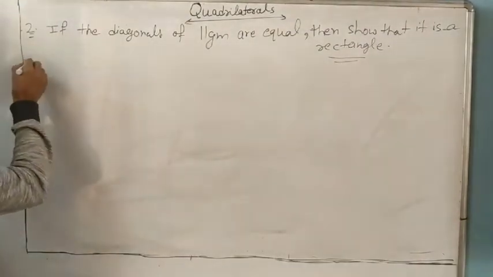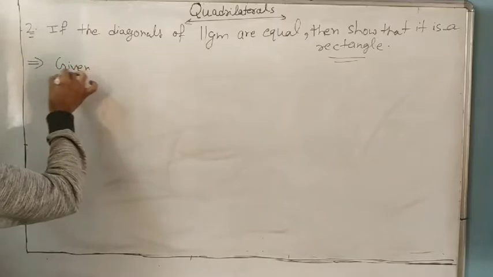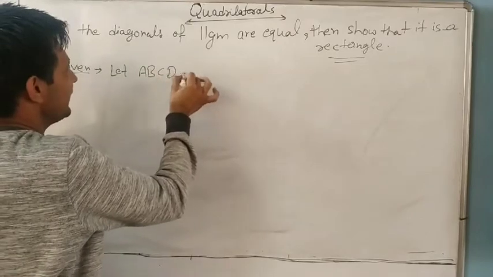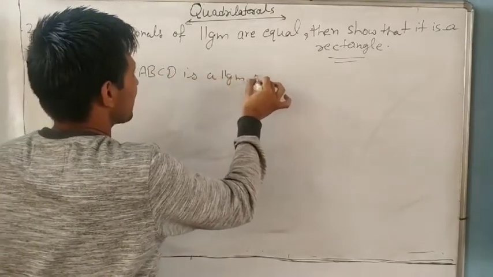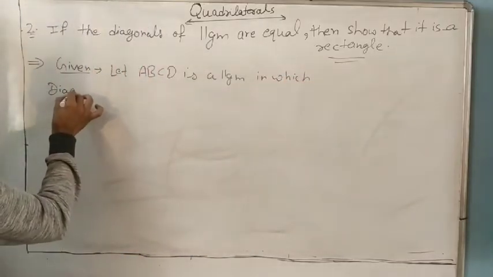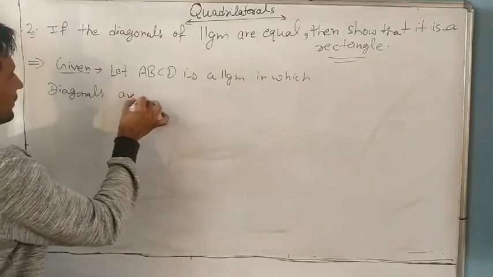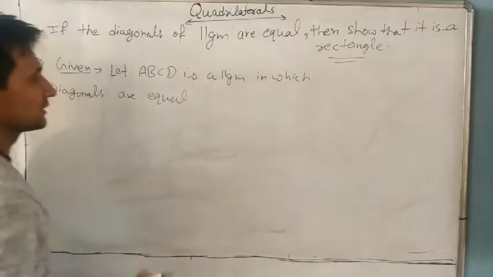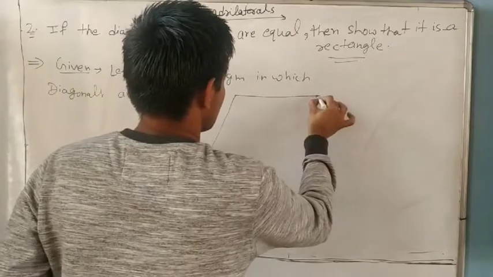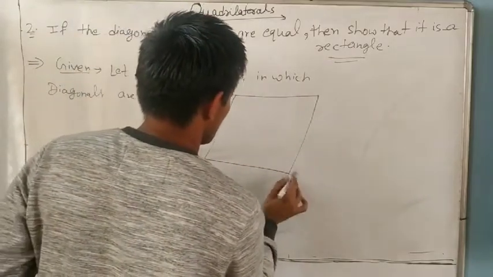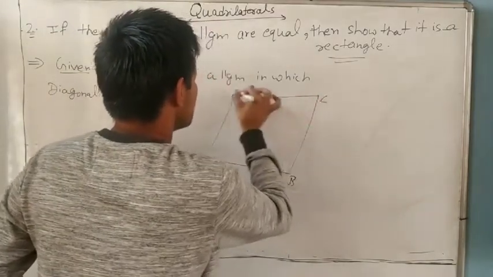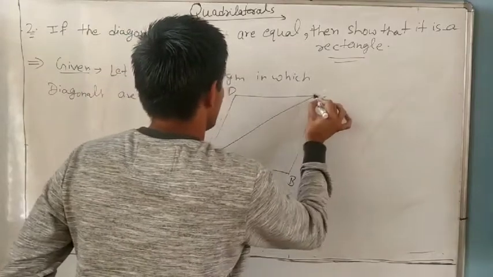So we will start our question to write the given. What is given? Let ABCD be a parallelogram in which diagonals are equal. Parallelogram or not? Because ABCD is given as a parallelogram.